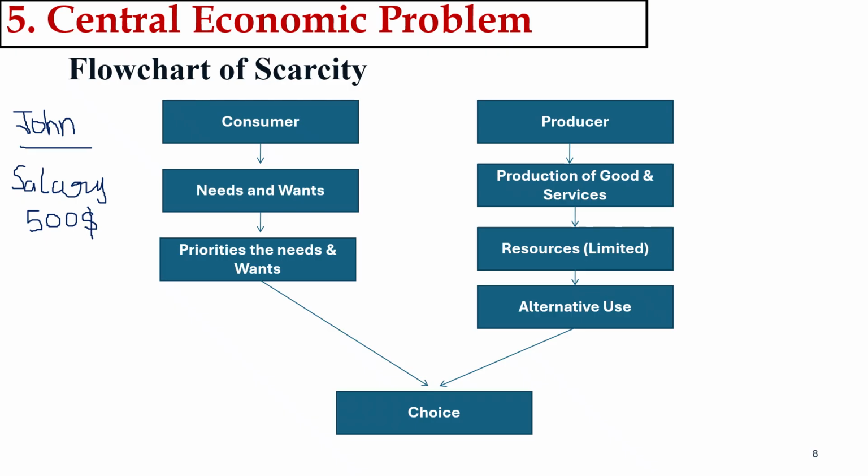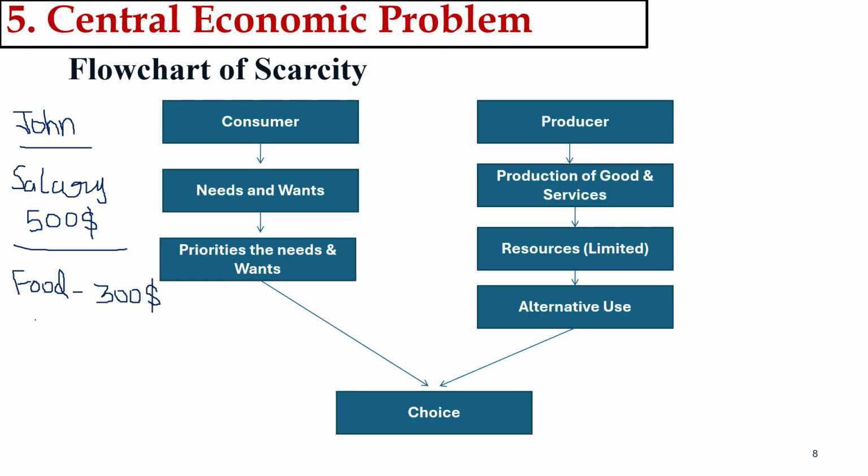Now what happens? Mr. John wants to buy food for his family for the entire month. So he needs to spend $300 for the food for the family.